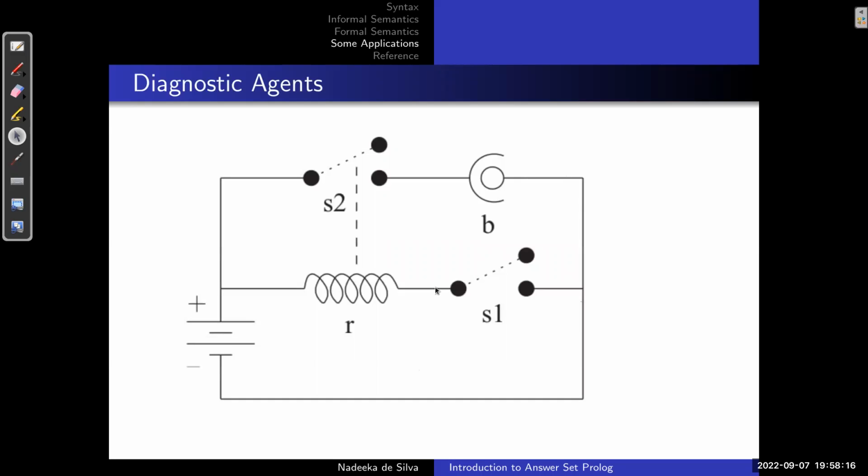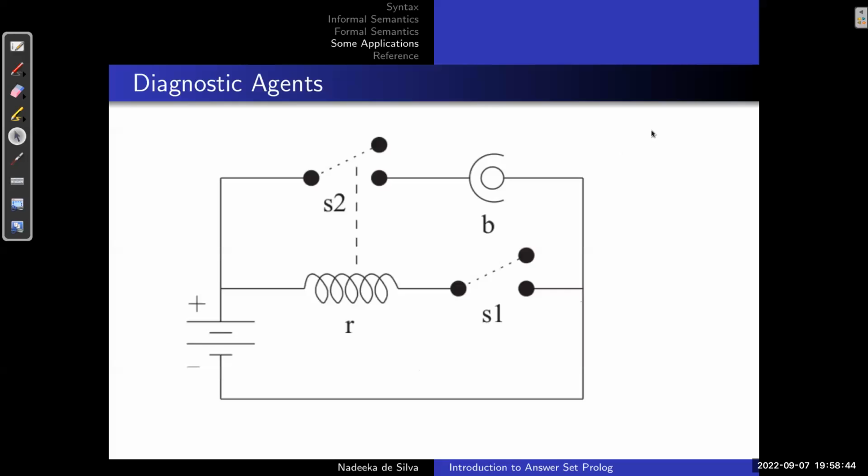He knows that closing S1 will cause S2 to close and the bulb to light. He also knows there are two actions in nature that can occur and damage this system. A surge can burn the coil, and if a break occurs, it will damage the bulb bonding.